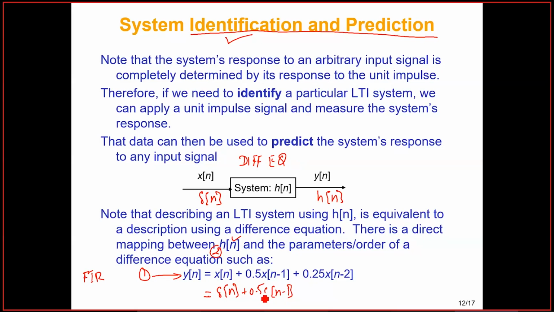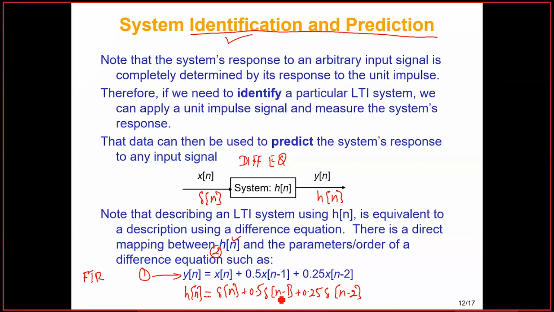So typically we are just replacing x with delta here, and x of n minus 2 will become delta n minus 2. And if x of n becomes delta n, output y of n actually becomes h of n. So we just replace x with delta and end up getting your impulse response.